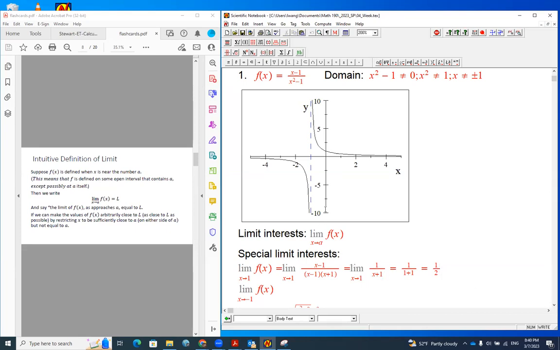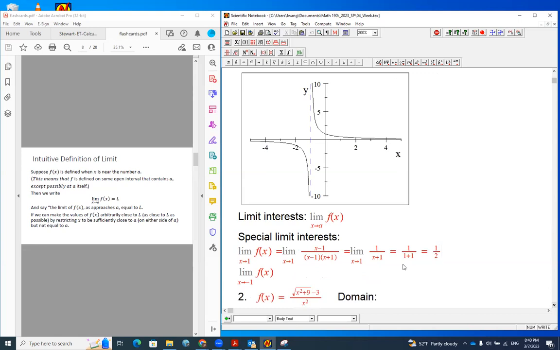But in the neighborhood of -1, what happens? From the picture, you can see that in the neighborhood of -1, after we reduce it, we can still reduce this common factor, but here's -1.